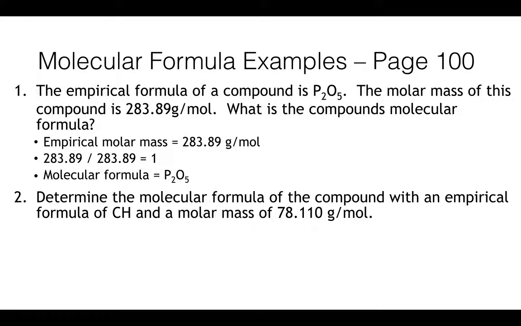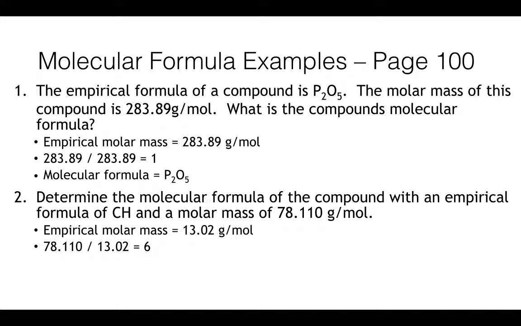So example number 2, determine the molecular formula of the compound with an empirical formula of CH and a molar mass of 78.110 grams per mole. So we're going to take our molar mass of 78.110, and we're going to divide it by the empirical molar mass of 13.02 grams per mole, and that's going to give us 6.